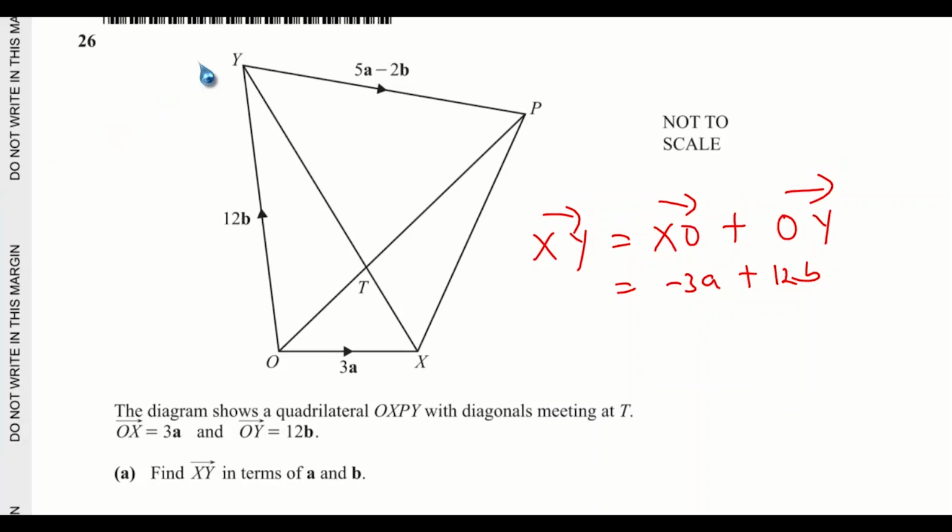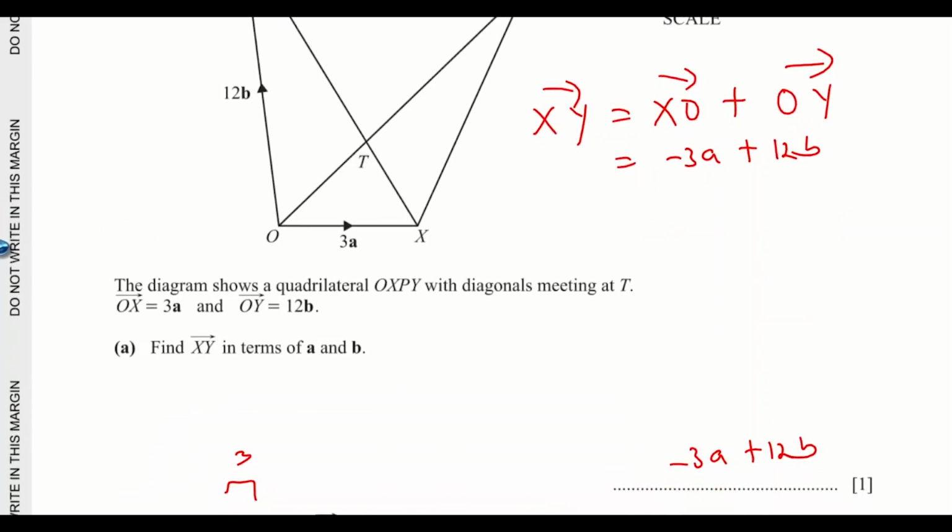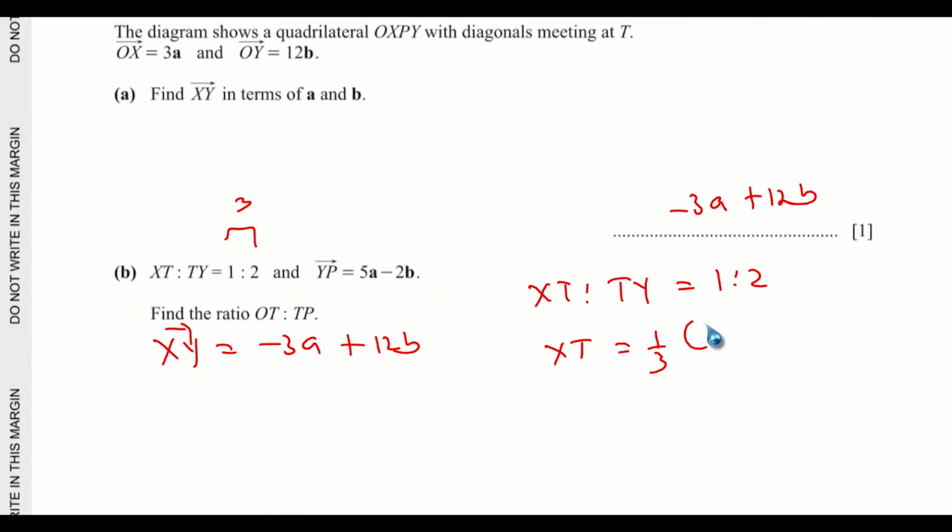So it will be 1 over 3 into minus 3a plus 12b. If we expand this, we get minus a plus 4b, so that will be XT.